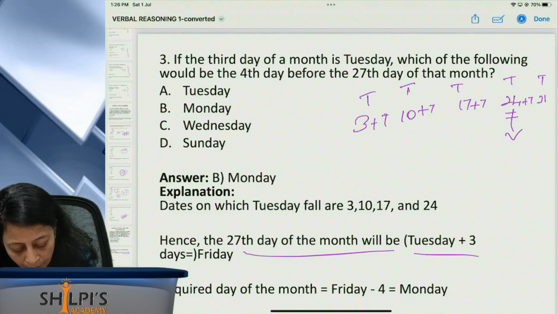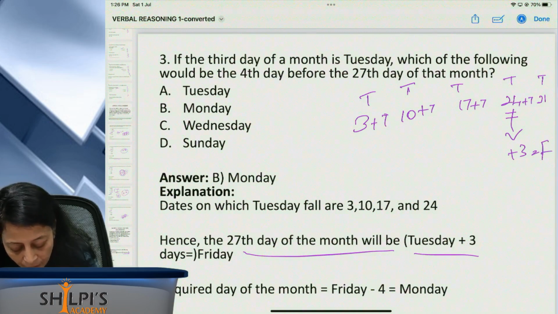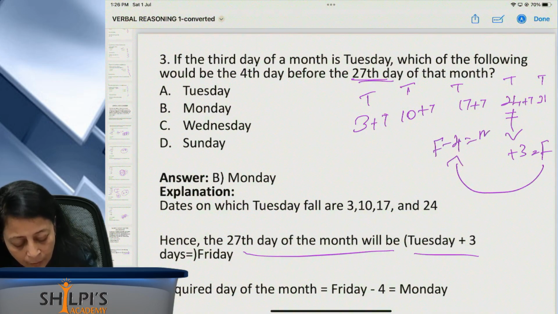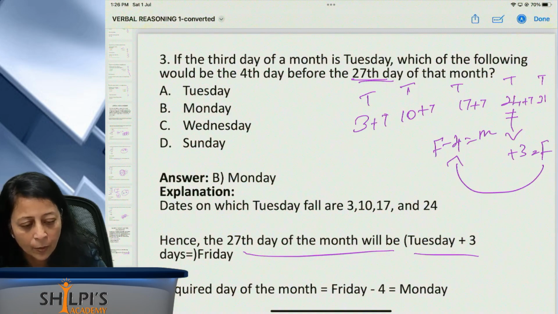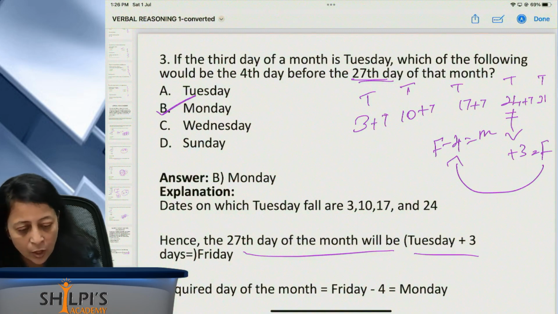So Wednesday, Thursday, Friday. So it becomes Friday. The required day is 4 days before the 27th day. So it is Friday minus 4, which is equivalent to Monday. Okay. So that will be your answer. So the answer for this question will be B, that is Monday.